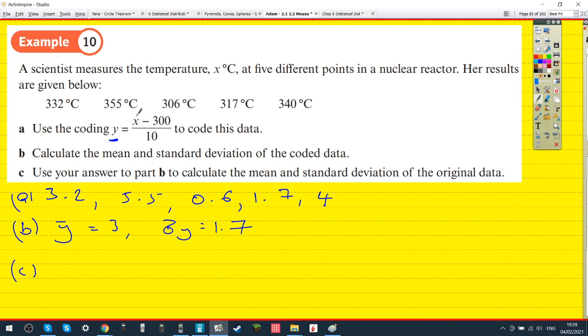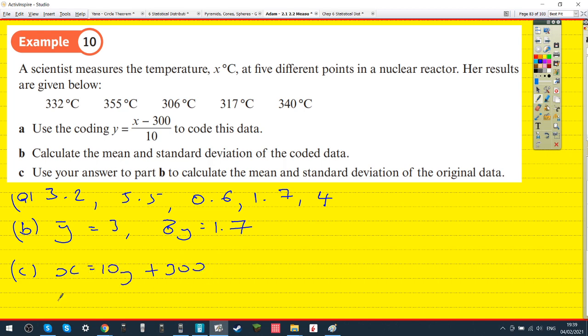Decode the data. You could create a formula by making X the subject. So you could divide by 10 on both sides, so it'd be y times 10, and then you could plus 300 on both sides. And so X is 10y plus 300.